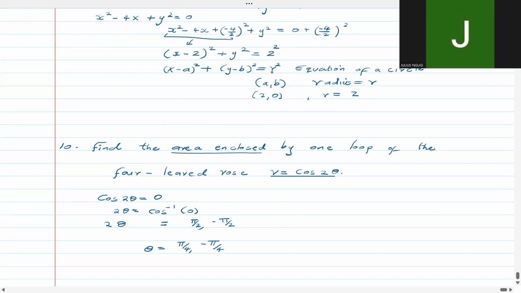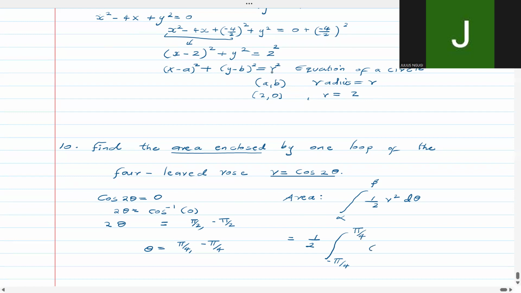So to find the area enclosed by one loop, we do the integral from alpha to beta of a half r squared d theta. You can factor out a half, so you do the integral from minus pi over 4 to pi over 4.